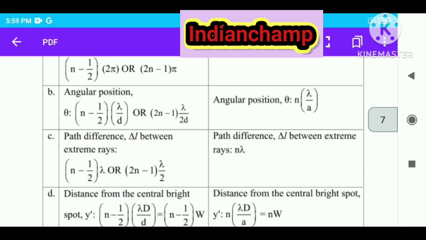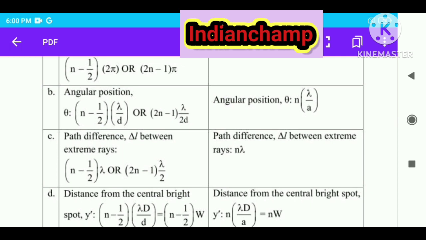B, angular position theta is (n minus 1/2) lambda by d, or (2n minus 1) lambda divided by 2d. In single slit, angular position theta is n lambda divided by a. C, path difference delta L between extreme rays is (n minus 1/2) lambda, or (2n minus 1) lambda by 2.